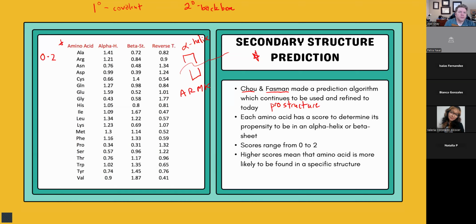What is the likelihood that any of these amino acids is going to be found in an alpha helix or a beta sheet? Now, look at this column right here. Could anyone tell me with a single letter code an amino acid or several amino acids that they think are likely to be found in an alpha helix?